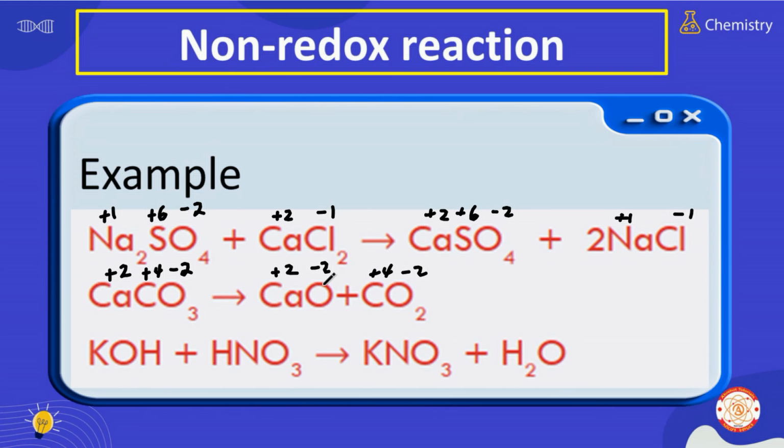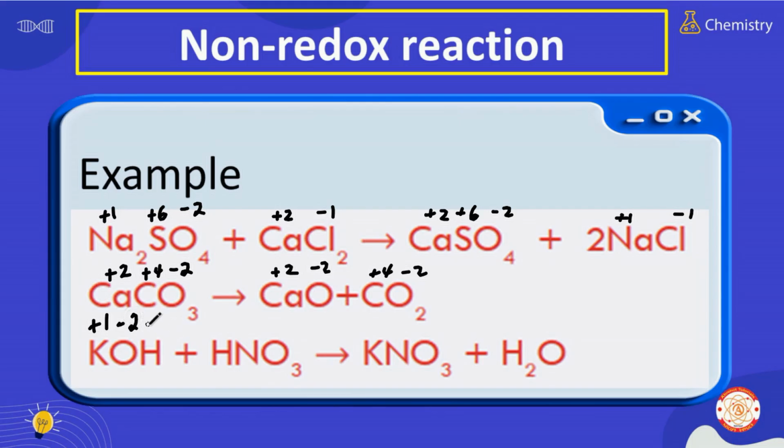Change in oxidation state in the reactants and products. If there is no change in the oxidation state of the reactant and product, this is also an example of what? Non-redox reaction.